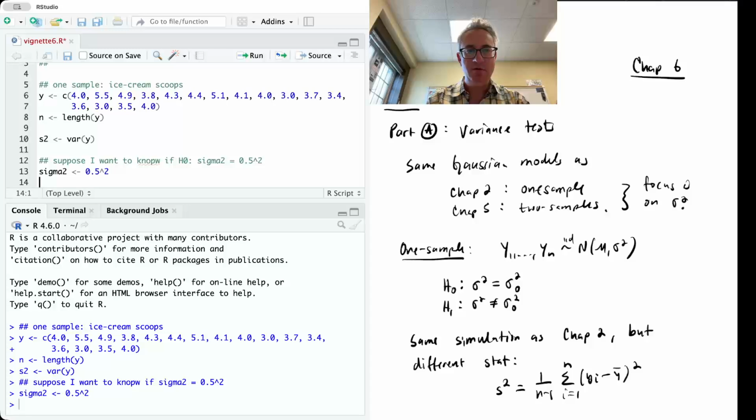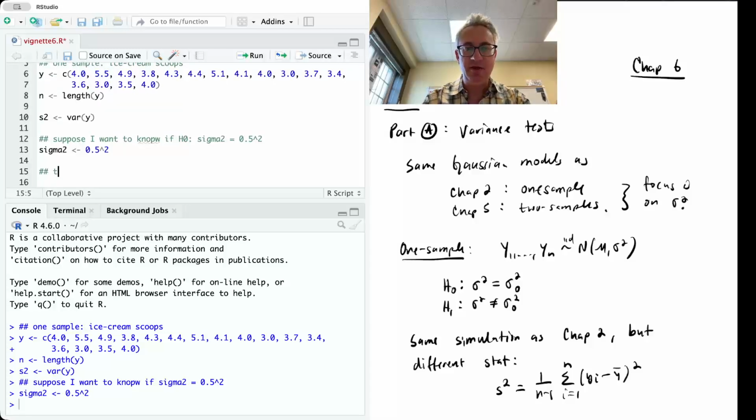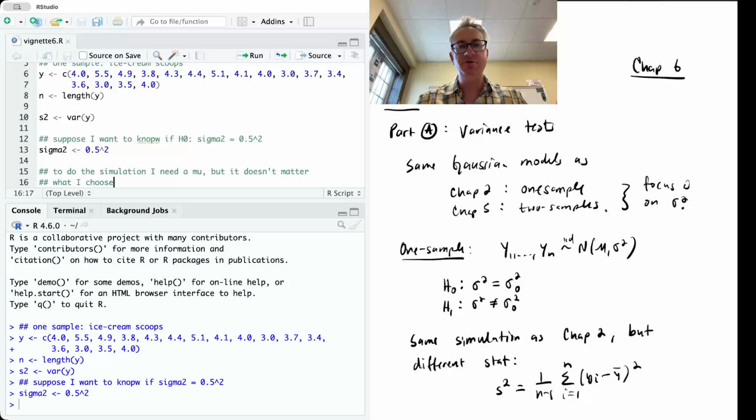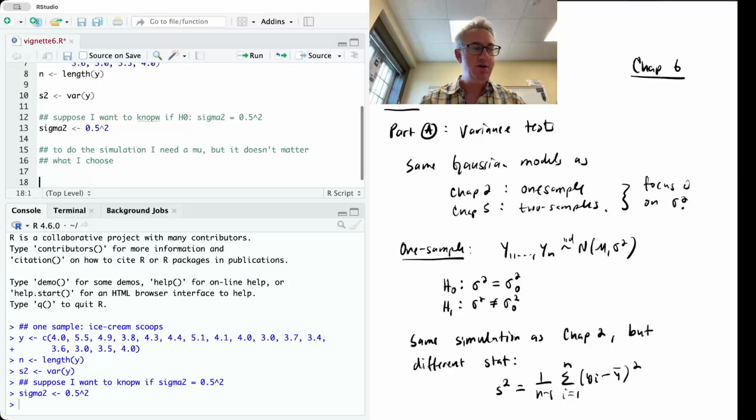Okay. So to do the simulation, I need a value of mu, but it doesn't matter what I choose. This is sort of similar to chapter 2 where I needed a value of sigma squared. That does affect the outcome of the test, but in this case, the value of mu that I need to do the simulation does not affect the outcome of the test.